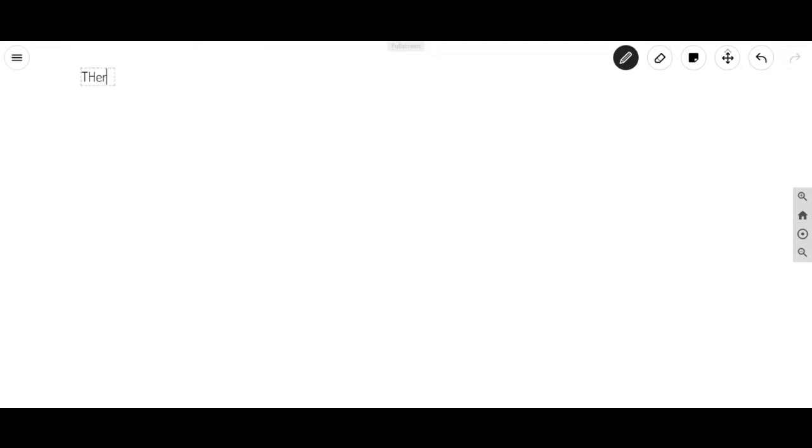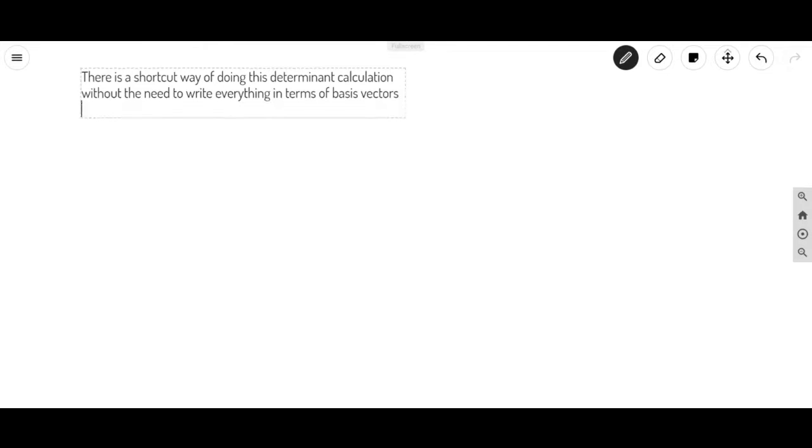There is a shortcut of doing this determinant calculation without the need to write everything in terms of basis vectors. But I mean, in actuality, that is what you are doing, but not writing out each step.